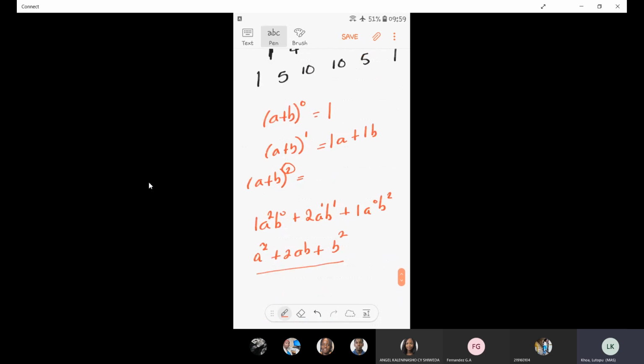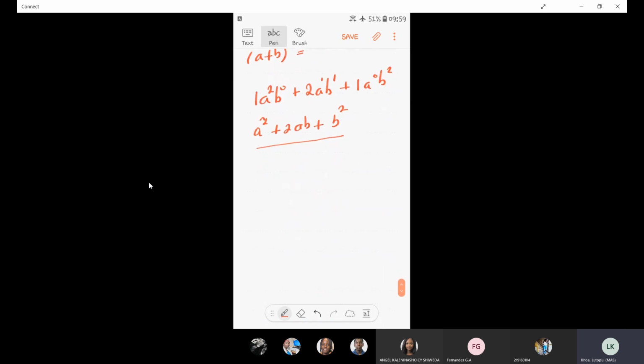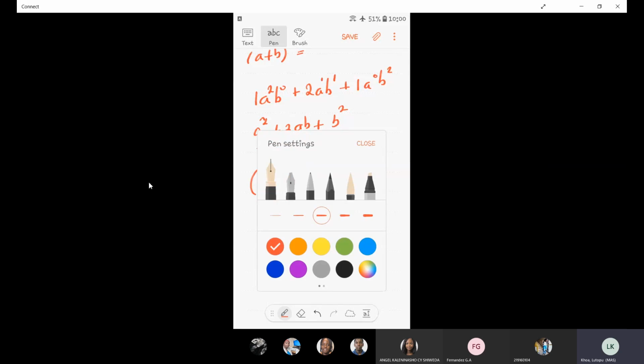So let's look at a quick example of that. Let's say I ask you, what is 1 plus x to the power of 3? Now you know what the coefficients are. It is 1, 3, 3, and 1 from the Pascal's triangle. Now you just need to say this is my a, and then this is my b.